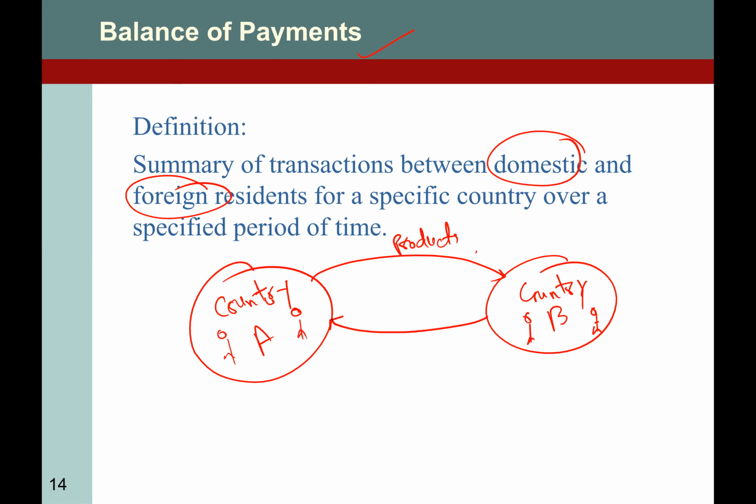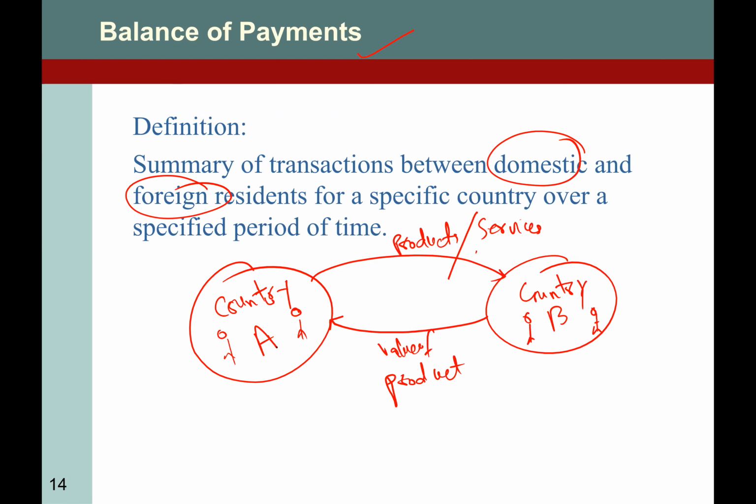What is country B giving to country A? The value of the product, right? Which is money. There are many products and services as well. Country B will have to pay country A the price.